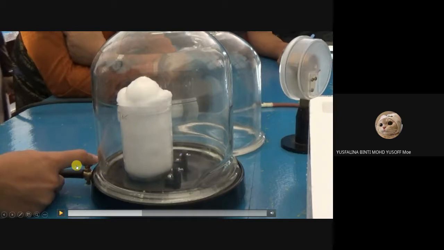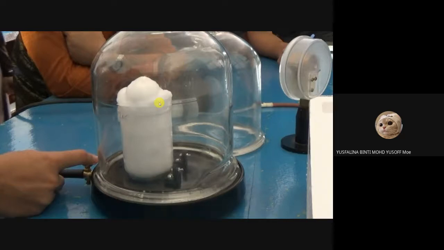The air pressure becomes decreased because of the lack of gas molecules, since they were taken out. So the foam will expand because now the pressure inside is less. So this is actually also Boyle's law.